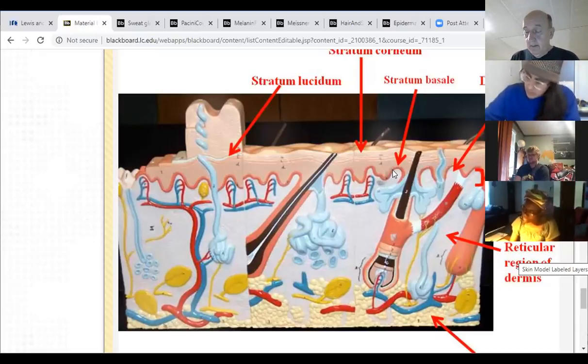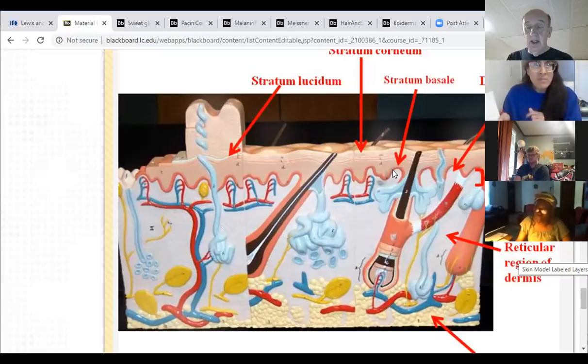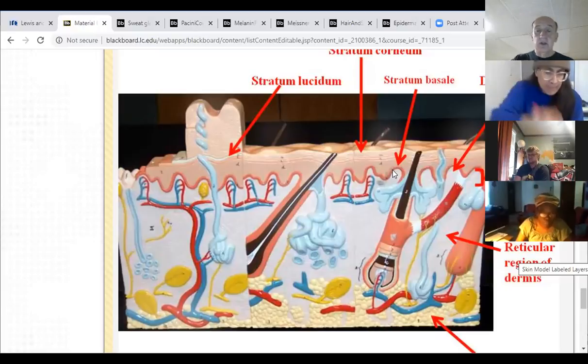So within the dermis, we have a large number of these appendages. Let's take a look at the structures in the order that they appear in the lab report. We have here hair-related structures.